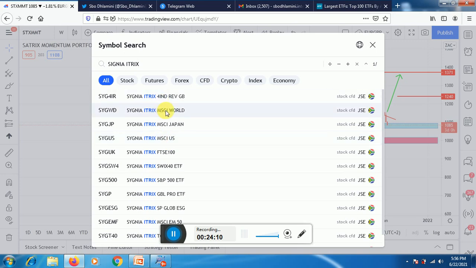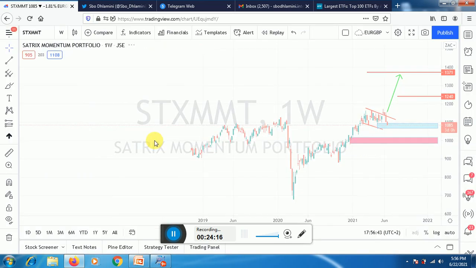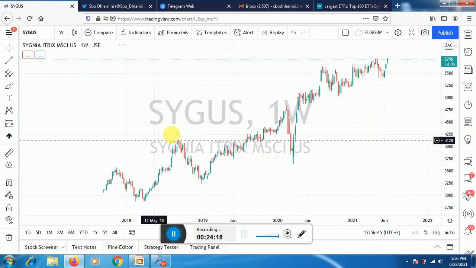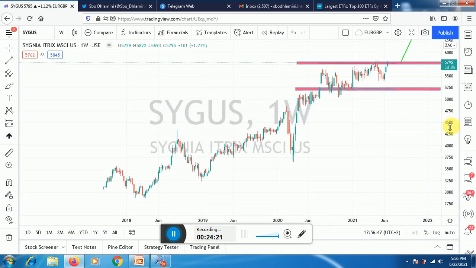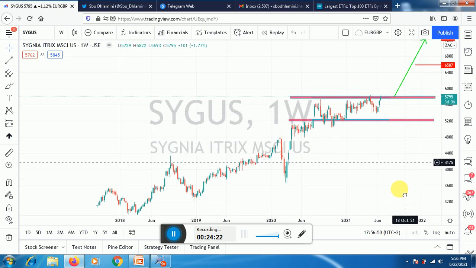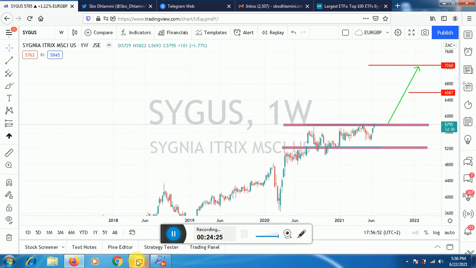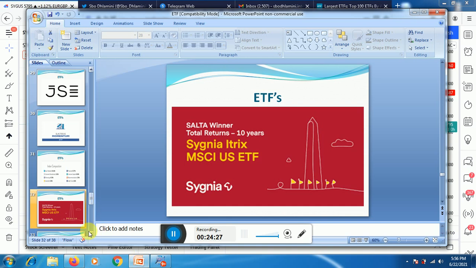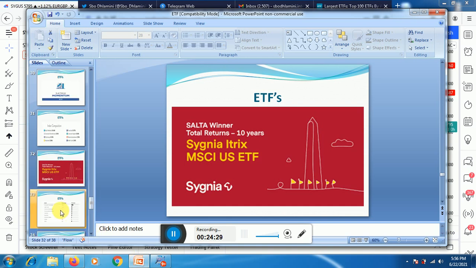And you see, because there's a world MSCI, there's MSCI Japan. It also tracks Japan companies. This one tracks US based companies. So when it tracks US based companies, it also invests in a much broader spectrum.